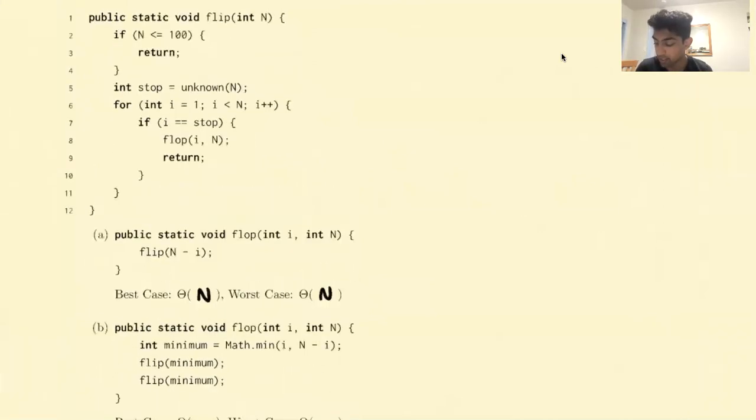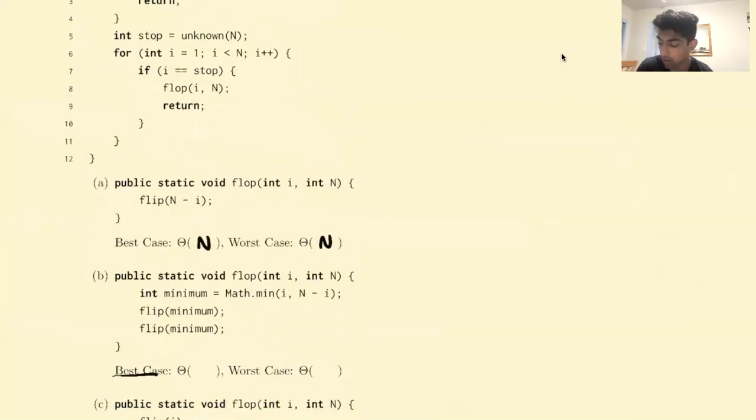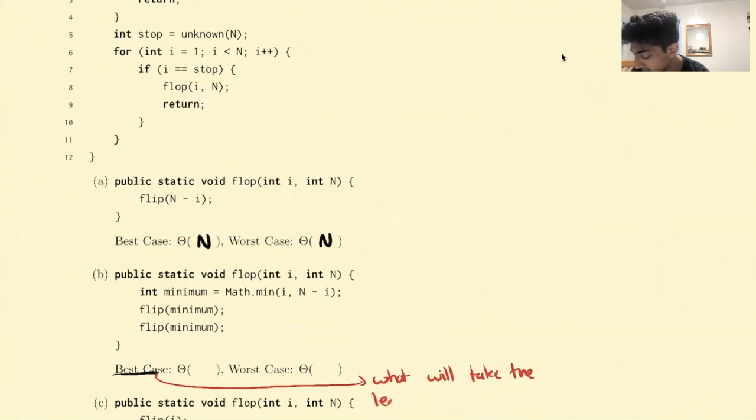So what I'm going to say is that let's start off with this best case possibility. Intuitively, when we think about the best case, how we want to approach that is we want to figure out what will take the least amount of time possible.